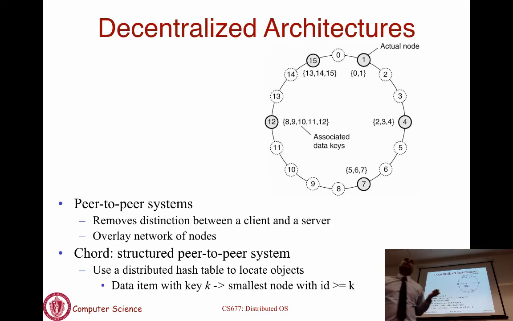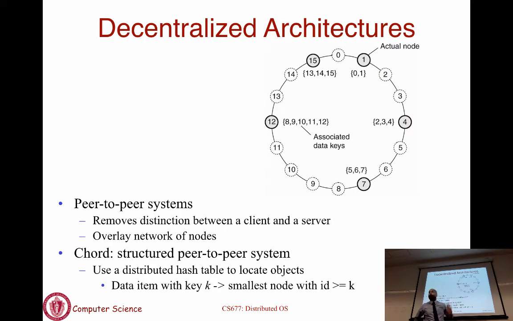So when a peer joins the network, it's going to pick an arbitrary ID for itself, and it's going to join the ring at some point in this ring. In this example, let's say the keys go from 0 to 15. So there are 16 objects, or could be 16 objects, in this hash table.